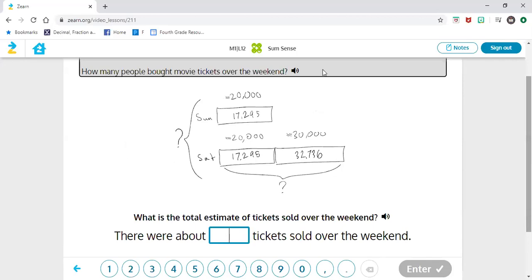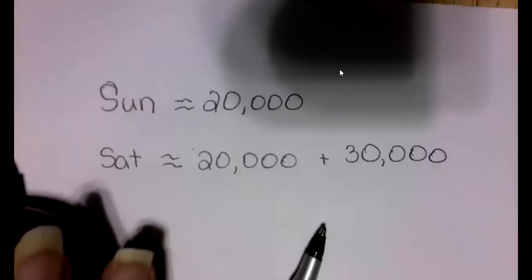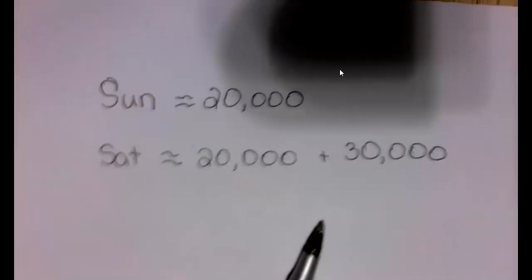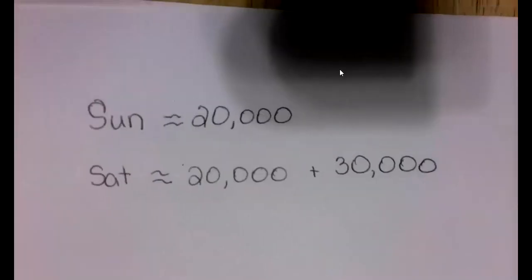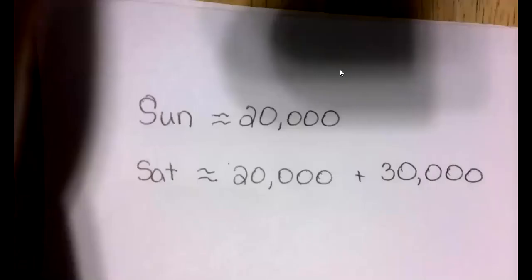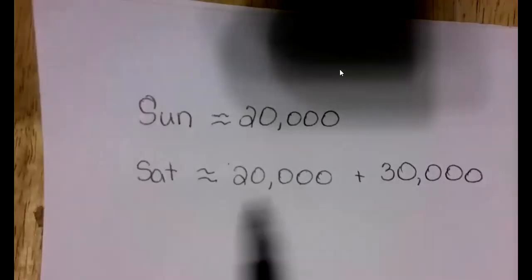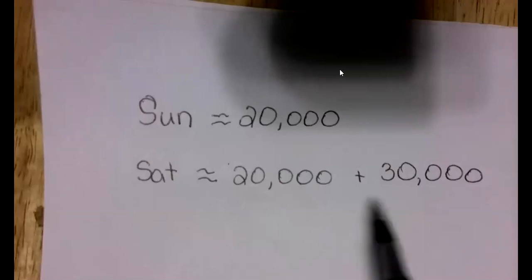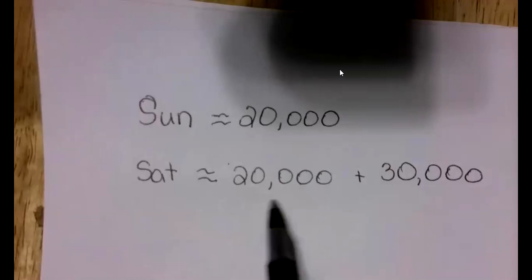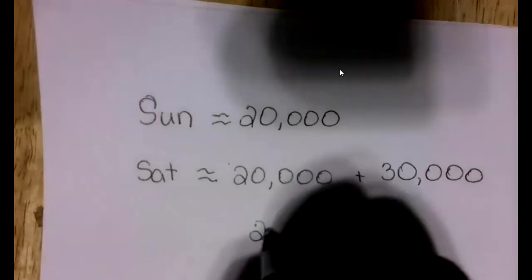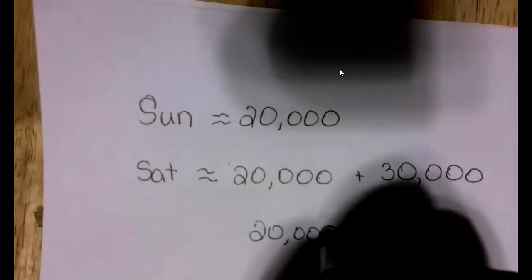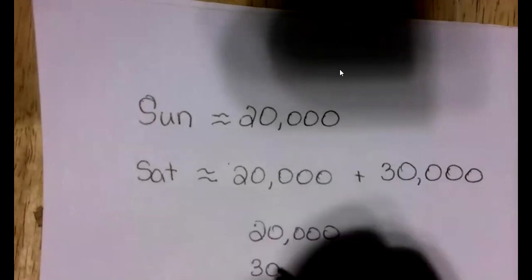So he's rounded it, and now we have to figure out what is the best estimate for his rounding. All right, so I have my paper, and we're gonna estimate how many was sold. As you see, I still don't know how many was sold on Saturday. So I have to add 20,000 plus 30,000.